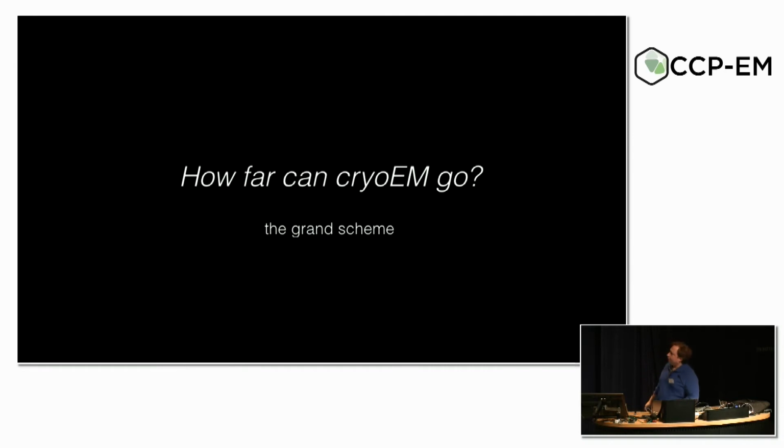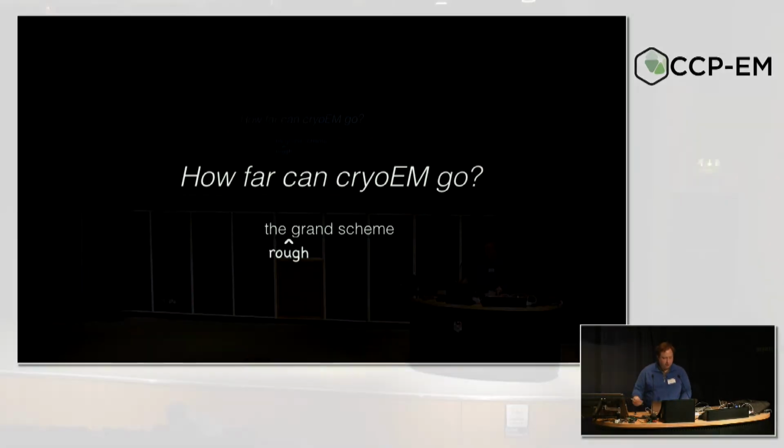Okay, how far can cryo-EM go? We're still working on this, but ultimately we think we're going to try and understand all of the physical phenomena that limit us in cryo-EM, and then understand exactly how far we could go.